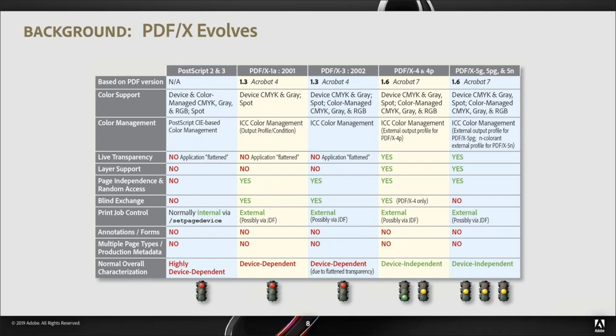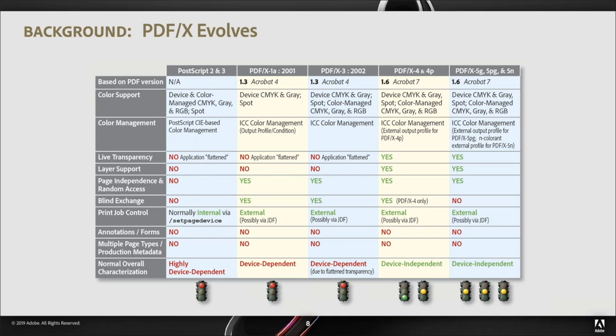It was highly device-dependent. PDF/X-1a, as of the 2001 version, was basically based on Acrobat 4, PDF 1.3. Again, it was device CMYK and gray as well as spot color. Color management was primarily left to an output intent, which was pretty much optional.